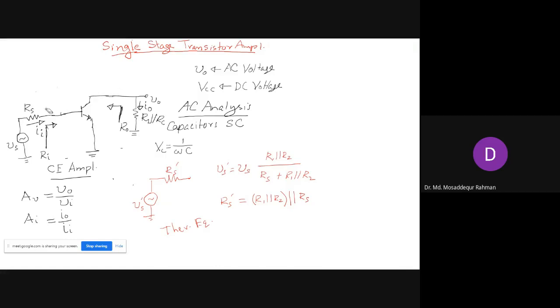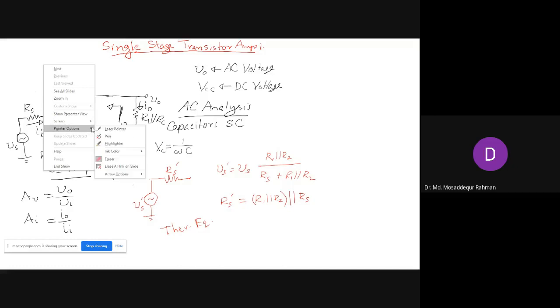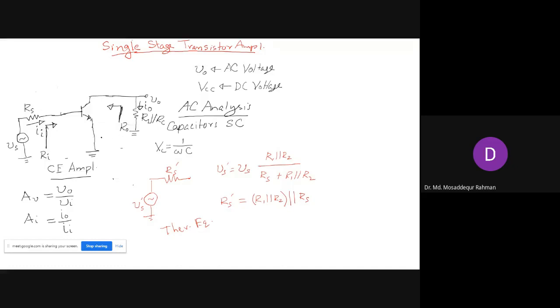Remove this part. Okay. And so the Rs prime, Vs prime. Okay. So we replace this circuit at the input side with its Thevenin's equivalent.